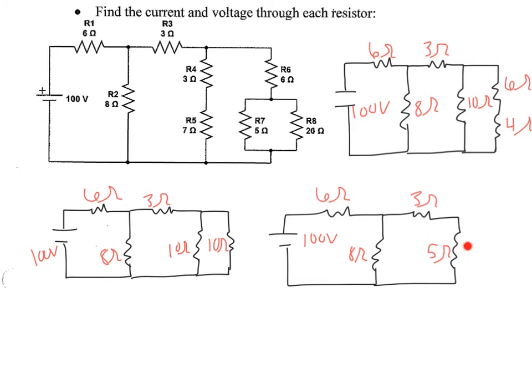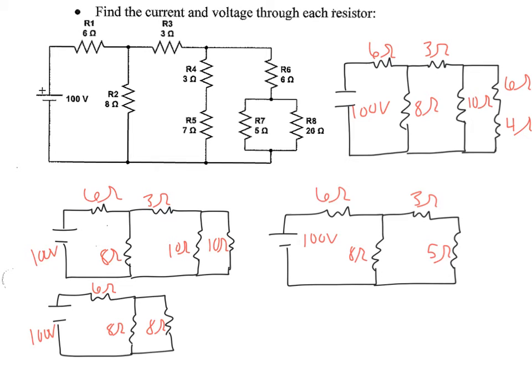Now I'm going to combine these two, which are in series. I just redrew that, oops. So we get 100 volts, 6 ohms, 8 ohms, and then 3 plus 5 is 8 ohms.